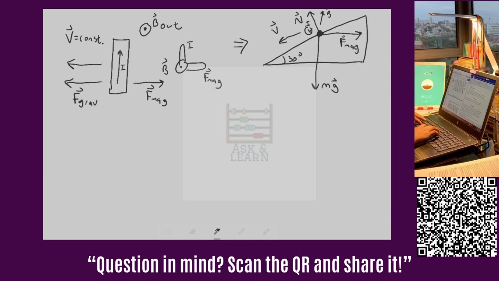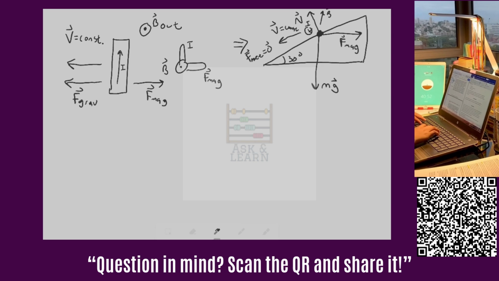Now what we need to do is do a little bit of balancing. Because the velocity is constant along the incline, we know that the net force along this incline must be zero.